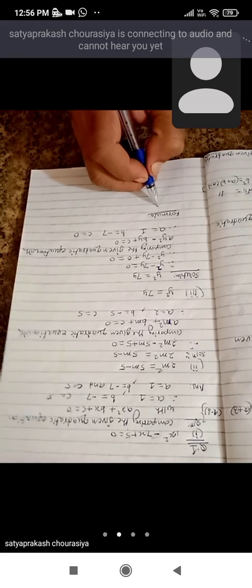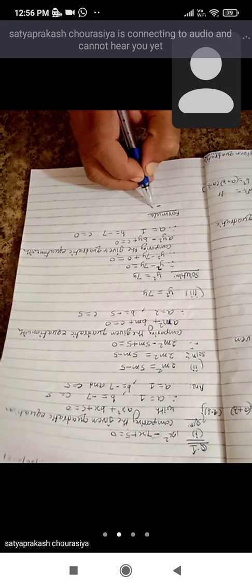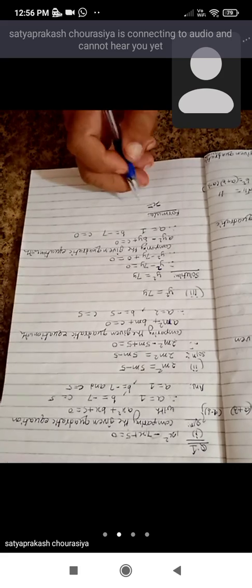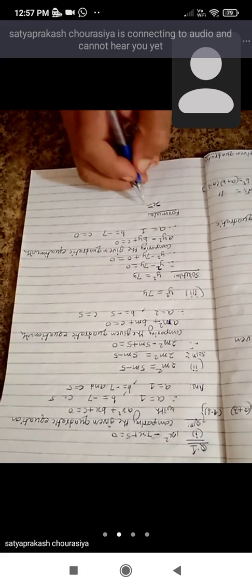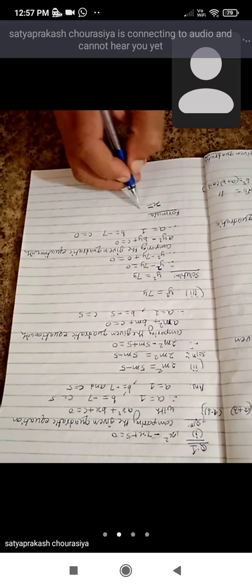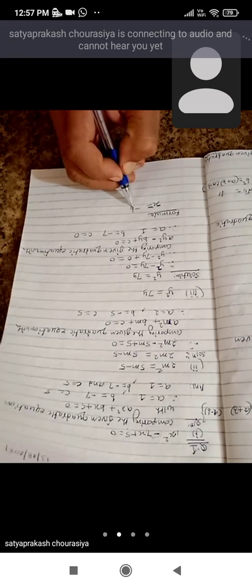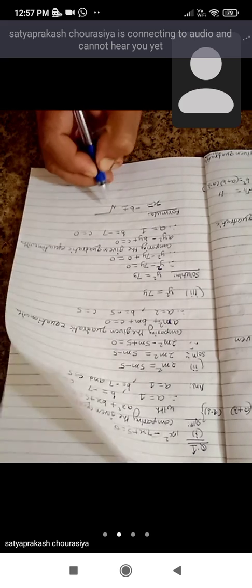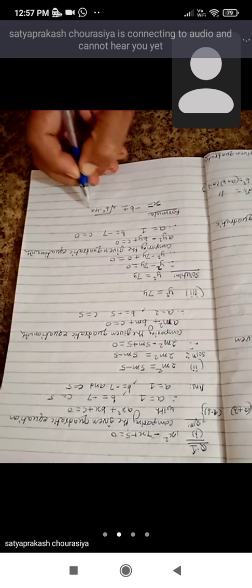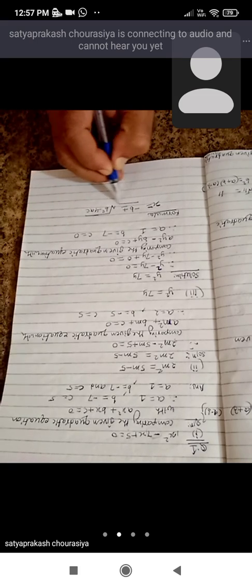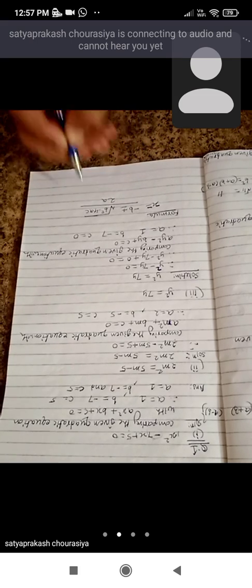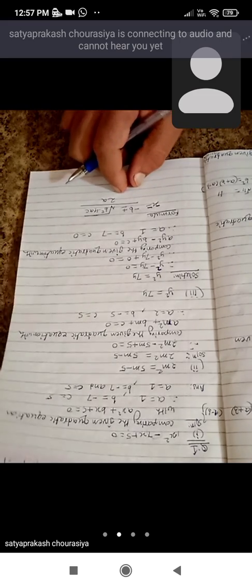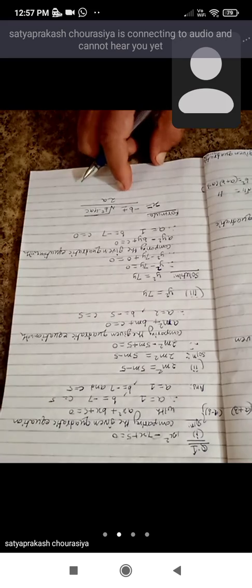Here the formula is x is equals to, if the variable is x, so we will write x is equals to minus b plus minus under root b square minus 4ac upon 2a. This is the formula that we will use to find out the roots of the given quadratic equation.